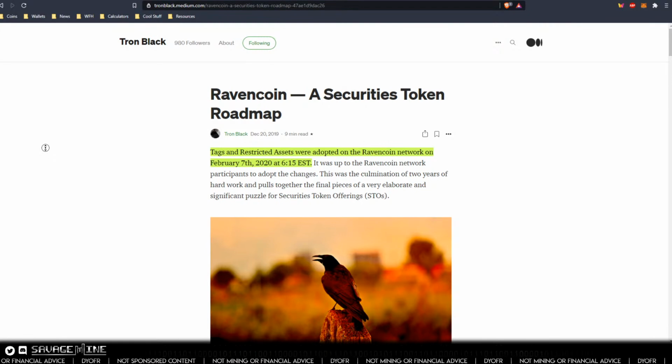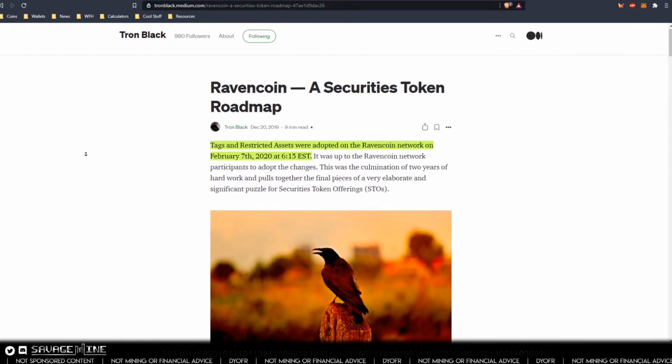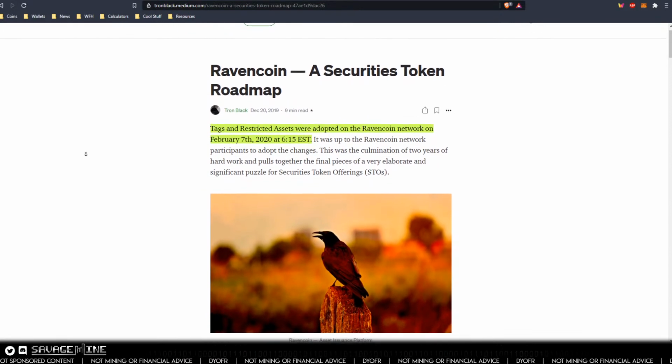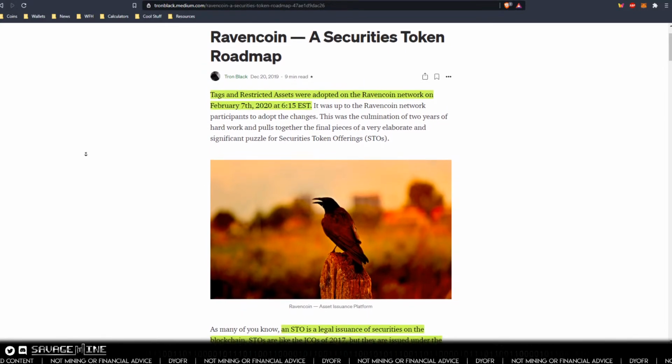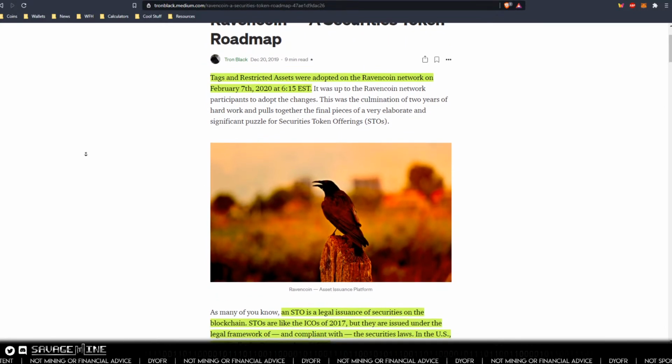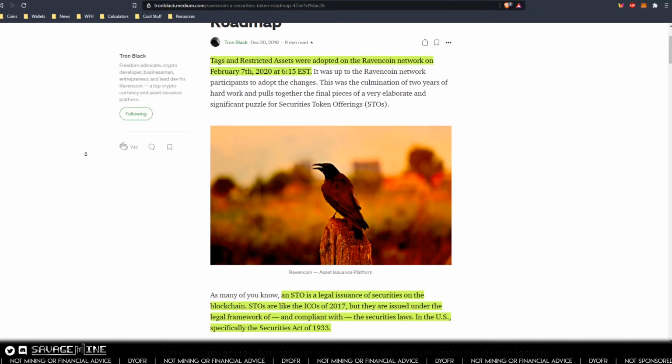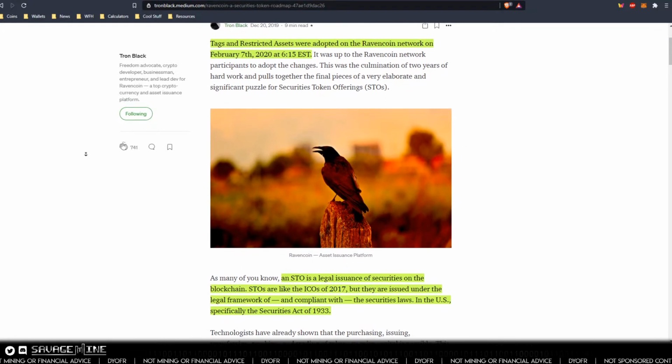That's the focus of an STO, because they are compliant with the current laws. A lot of it has to do with KYC and AML. KYC is know your customer, AML is anti-money laundering, so you want to keep the bad guys from using the service as a way to launder money.